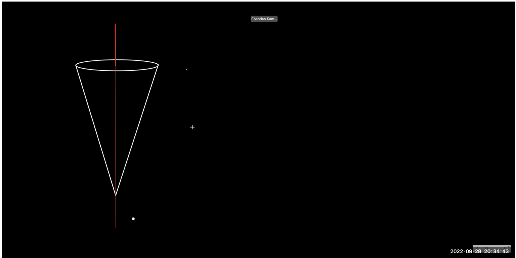So what we do is cut elementary rings parallel to the base. So I draw a circle. As you can see, if you go from the vertex to the base, the thing which constantly changes is the radius. This ring will have one radius, but this will have another radius. So we can clearly see the radius is a variable quantity.